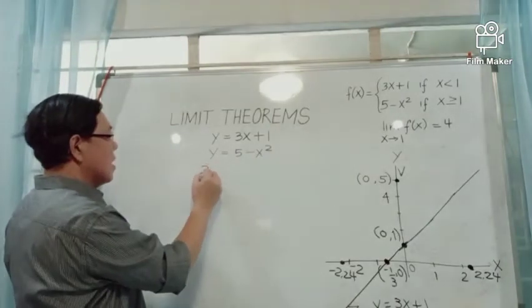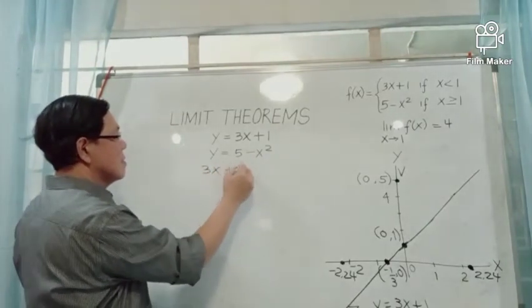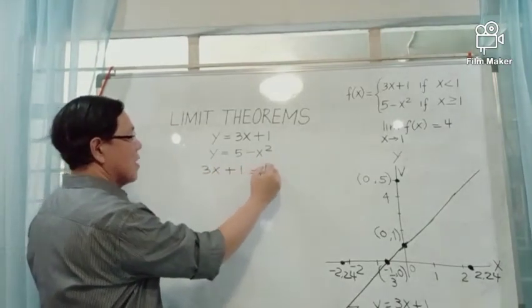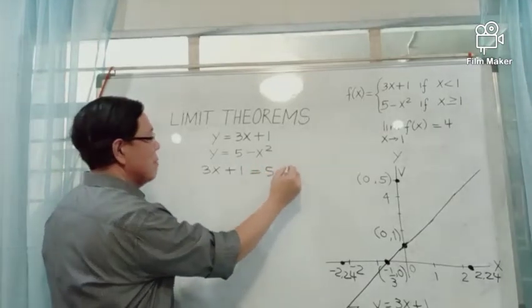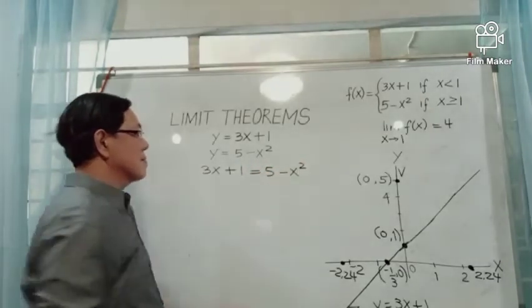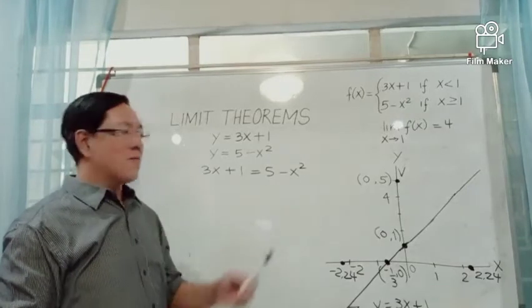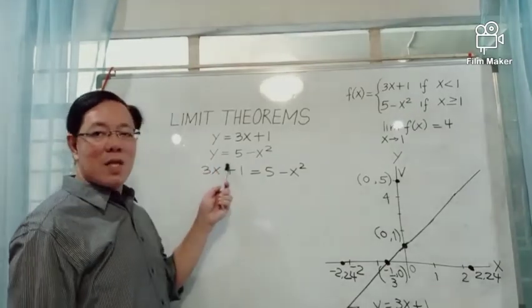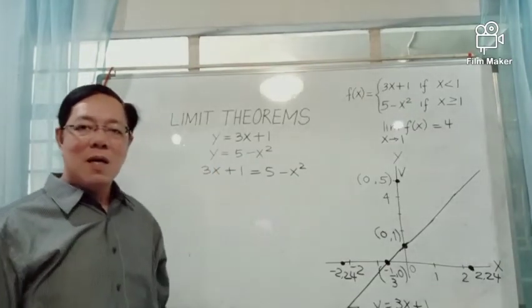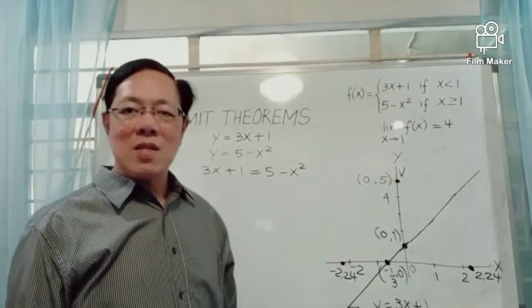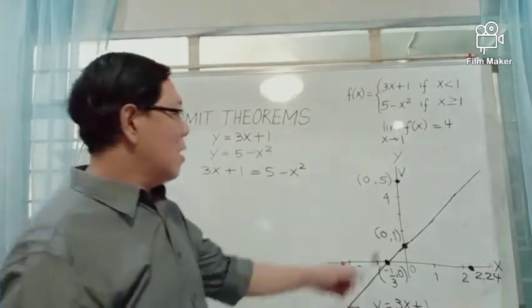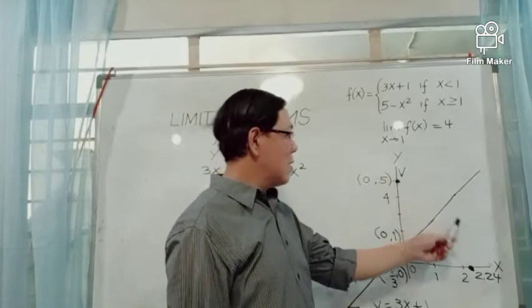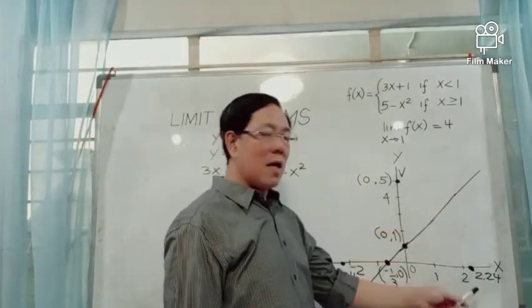We have 3x plus 1 equals 5 minus x squared. And the reason we are solving this linear equation and quadratic equation simultaneously is because we would like to find the point of intersection of the parabola and this straight line.